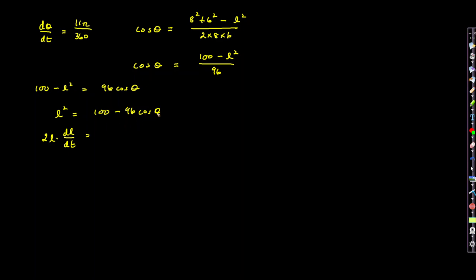So we're going to get negative sine times negative 96, so it's going to become positive 96 sine theta times d theta over dt. Now we've got an expression for d theta over dt, which we're going to substitute here in a minute. And I want to find out the rate at which L is changing with time. So we're almost there.